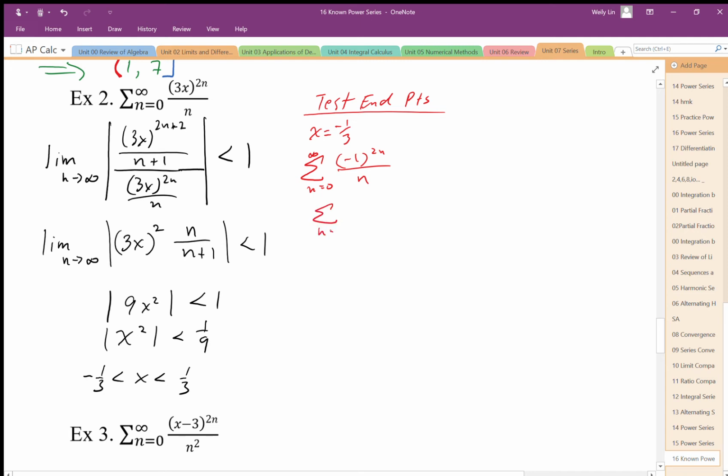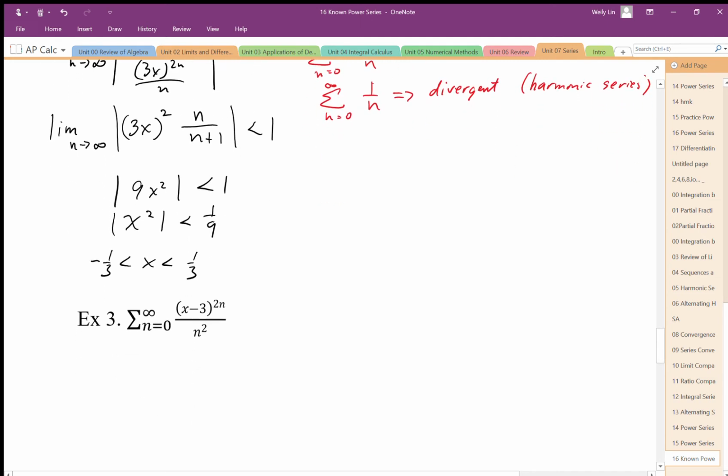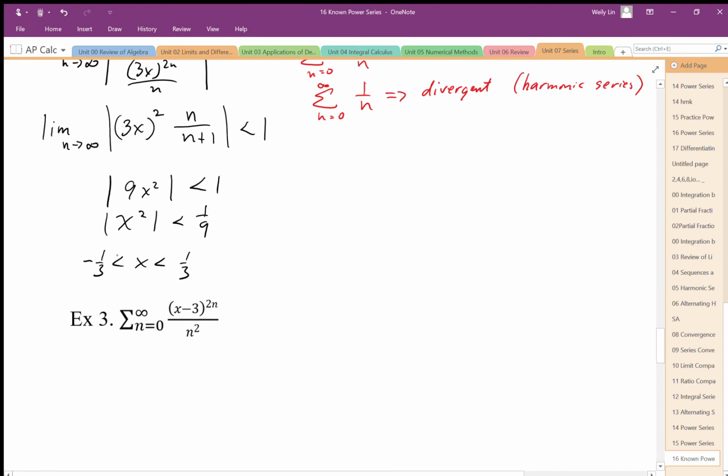I'm just going to simplify this. This is all just going to end up being 1 over n, divergent, because this is our harmonic series. So the endpoint, we are not going to include the negative 1/3. So we're just going to make that bigger than negative 1/3, not equal to.